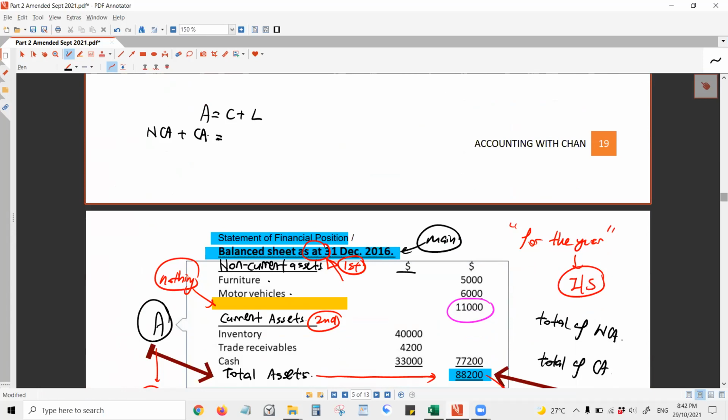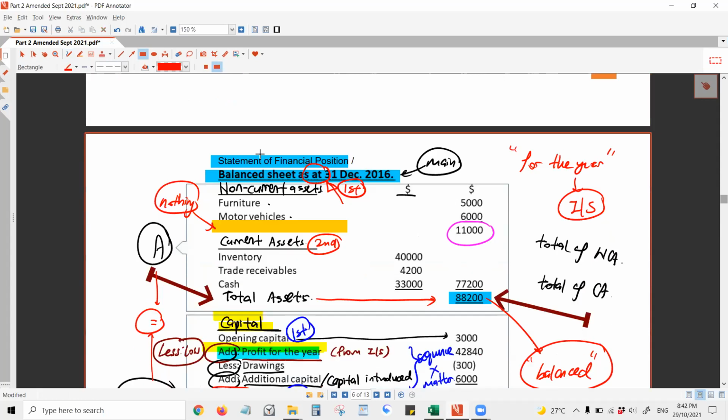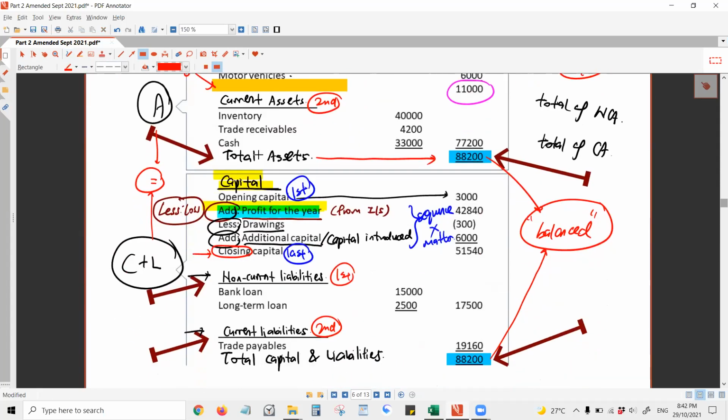Now, here comes capital. We have to first understand what this capital is. Is this letter C opening or closing capital? You can easily know by looking at the numbers here. It is actually the closing capital.